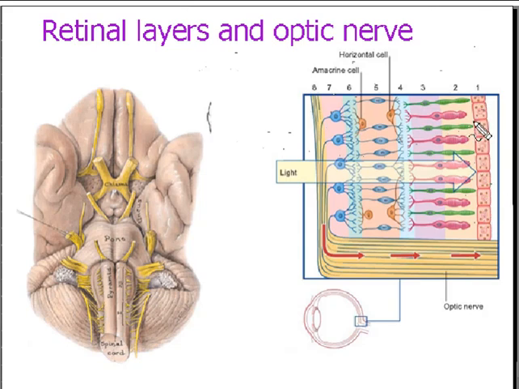The second layer is this layer of rods and cones, and then you have various synapses and so on. Then we have a layer of bipolar cells, and then this one is the layer of the ganglion cells, and you can see how they all form synapses with each other. Now this layer of pigment develops separately, and all the other layers develop separately.